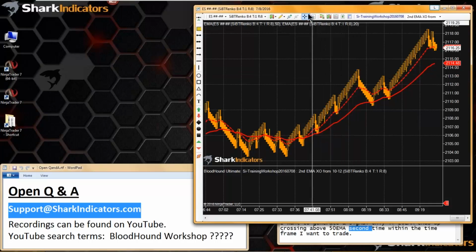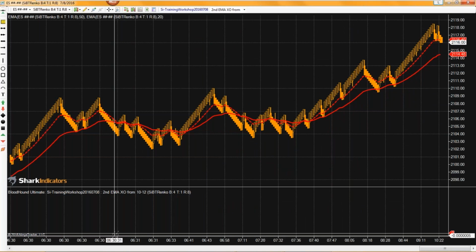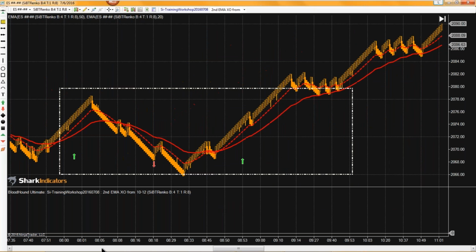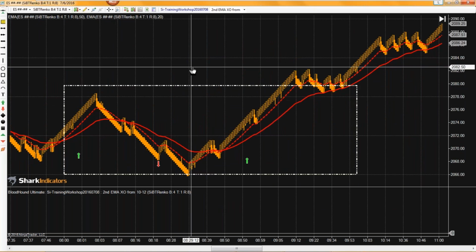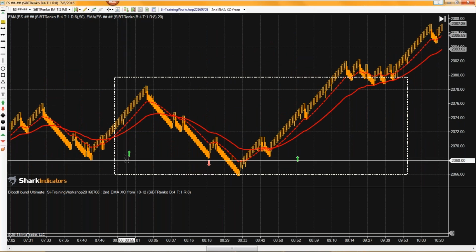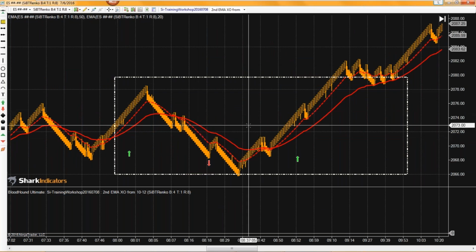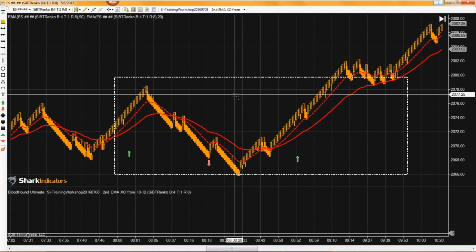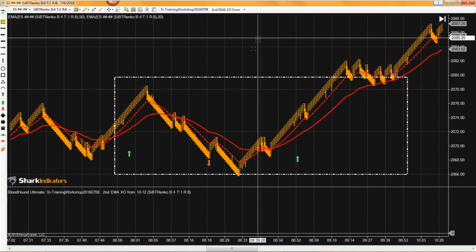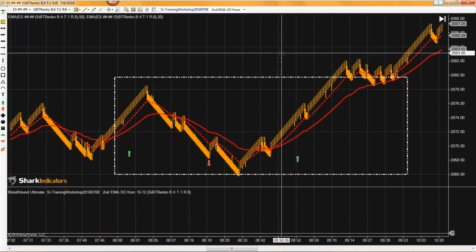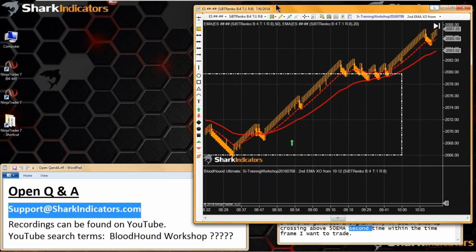All right, and next, let's go back and find that rectangle I drew. There we go. This is why I drew that rectangle, because it makes it easier to find our spot again. And now we have no signals, so we might have to find another spot.